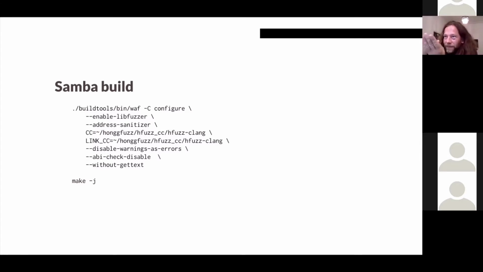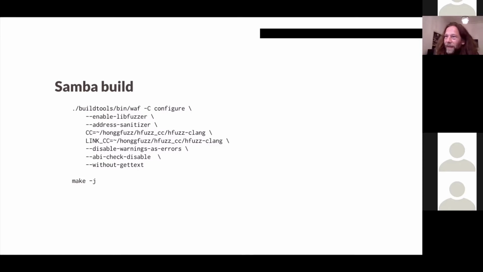So enable libfuzzer turns on the fuzzing and turns off a lot of normal things that get compiled, so you don't get the normal binaries and stuff. Address sanitizer is something useful for the fuzzing. It just catches every memory error, and not just if you happen to walk onto another page and segfault.